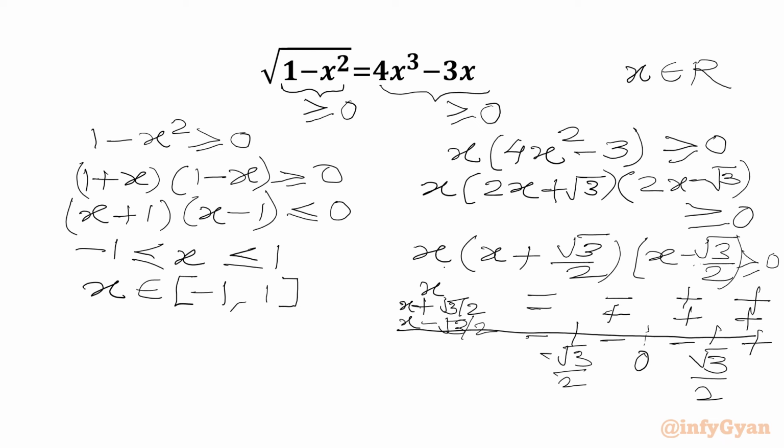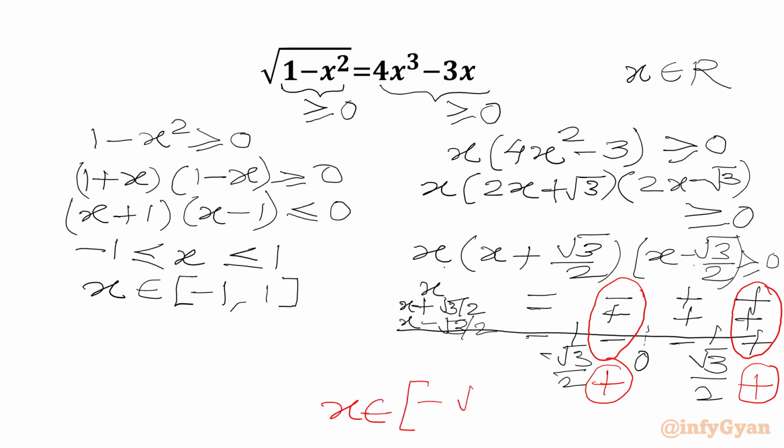Now we have to check the sign of the product. From here, we are going to get a plus sign, and from these three multiplication of plus signs, we are going to get the product positive. So we can write here x should be in the interval minus root 3 over 2 to 0 union root 3 over 2 to infinity.